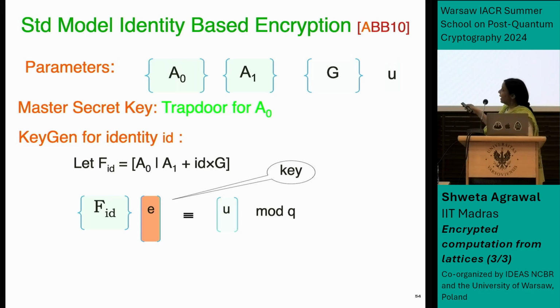That gives me A0 times, so now I need to sample E0 such that A times E0 gives me whatever I need. Does that make sense? The idea is that I break E into E1 and E2, take the E2-dependent term to the other side of the equation, and then use the trapdoor for A0.